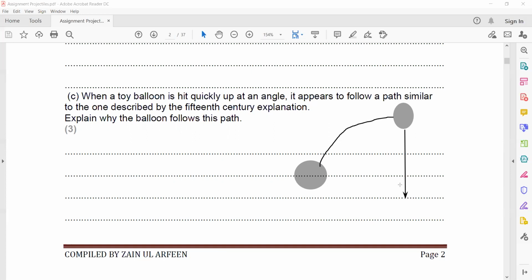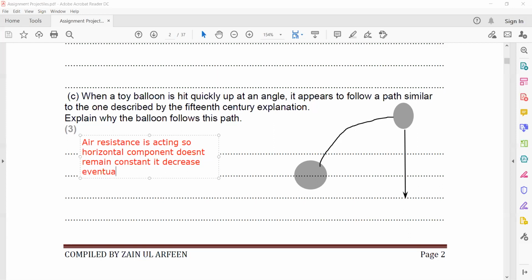For the balloon, there is air resistance acting. So when air resistance is acting, the horizontal component does not remain constant. It decreases and eventually becomes zero.